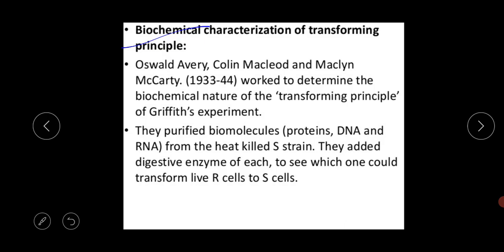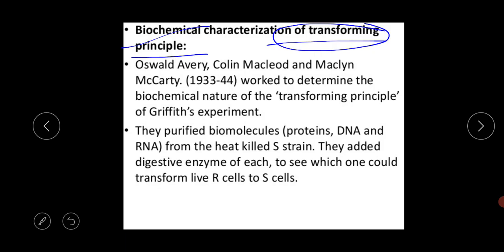The next experiment is the biochemical characterization of the transforming principle. I am repeating again: the next experiment is the biochemical characterization of the transforming principle, because Griffith had already experimented with this transforming material, but now we need to know its biochemical characters.